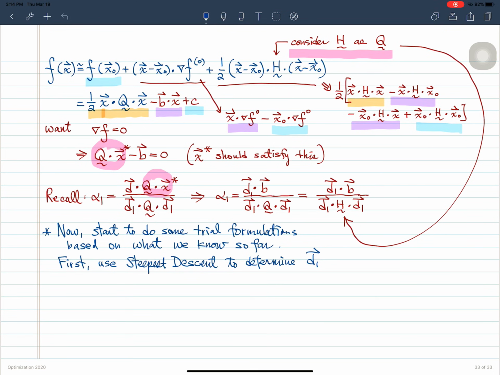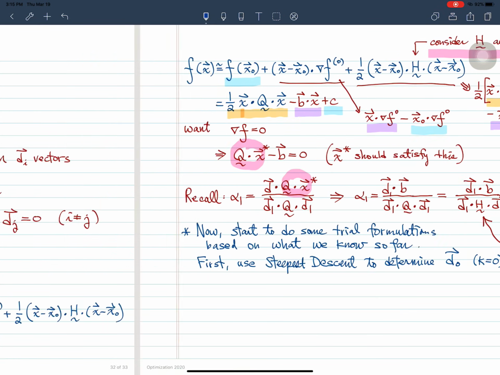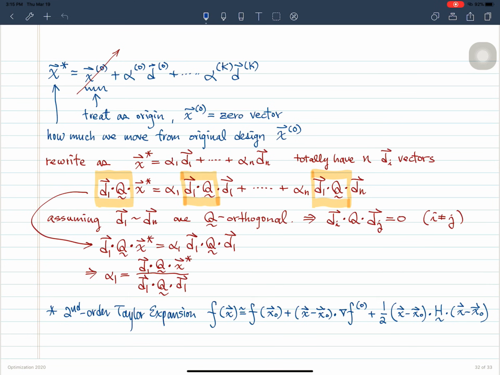Let me see my notes. Do I start from k equals to 0 or k equals to 1? Actually, it doesn't matter, but I don't want to confuse you with the previous treatment. Okay, let's use D0. So k starts from 0. I'm sorry that when I derive over here, I didn't choose D0. Actually, I did over here, D0, but over here when I write, I start from 1. It doesn't matter. It's just an index.